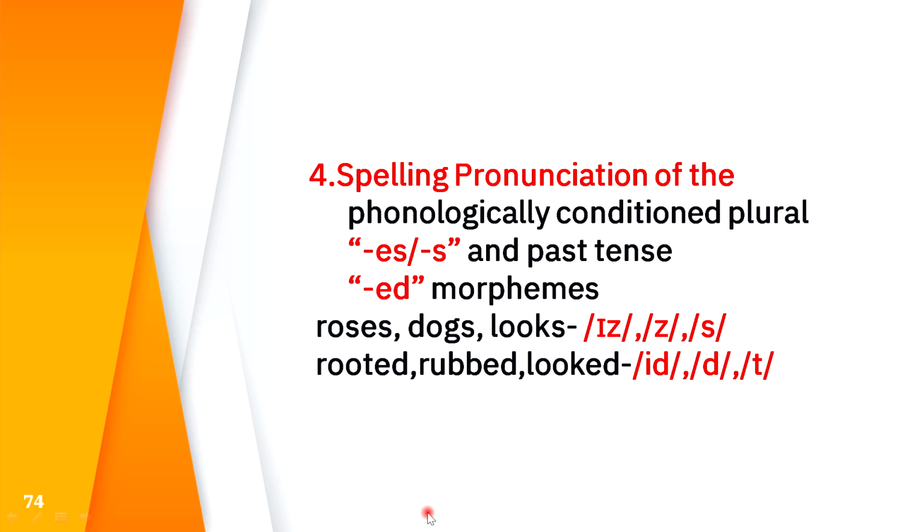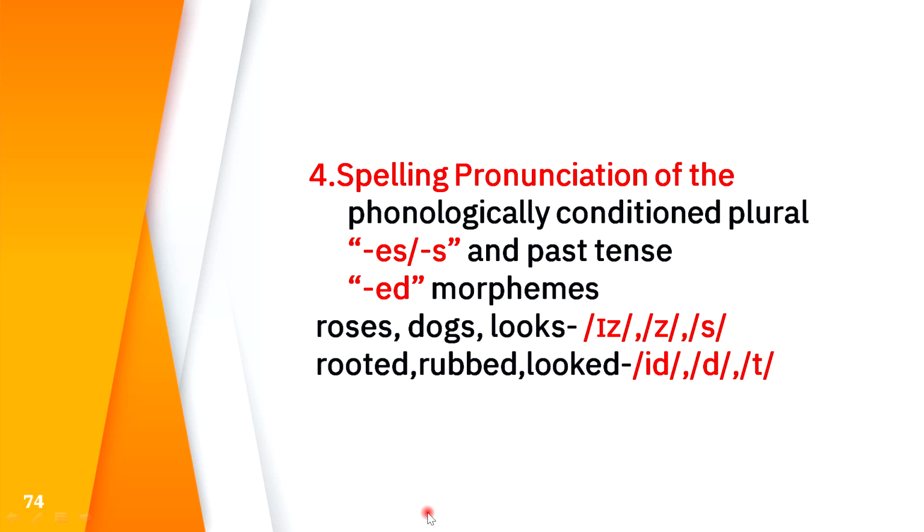But in English, it has three distinct phonologically conditioned morphemes, as in roses, dogs, looks. So we have iz, z, and s. It is not distinctly written in spelling, so it is difficult for a Malayali speaker to pronounce them differently.